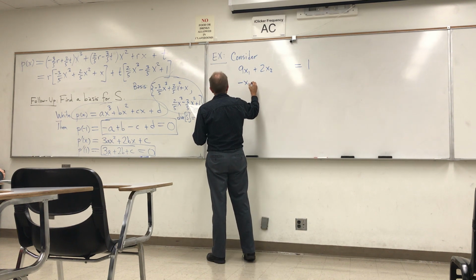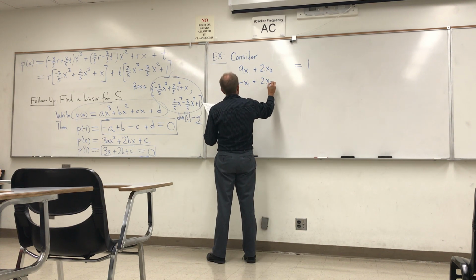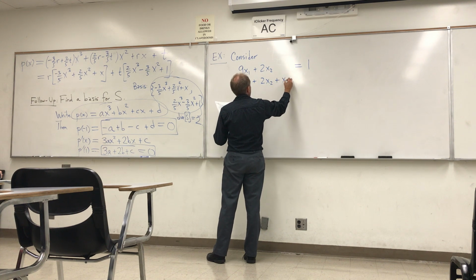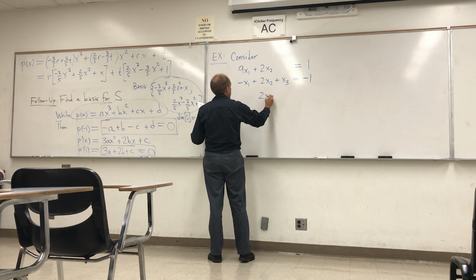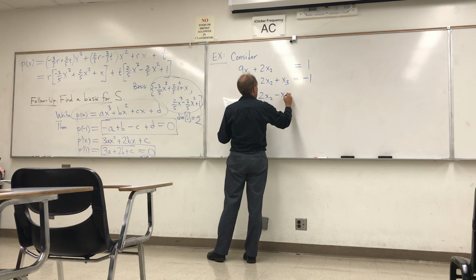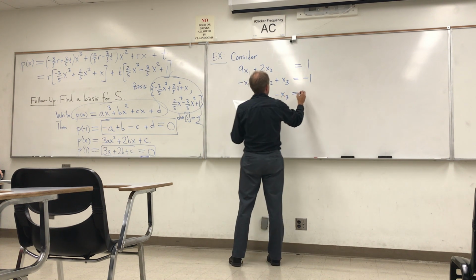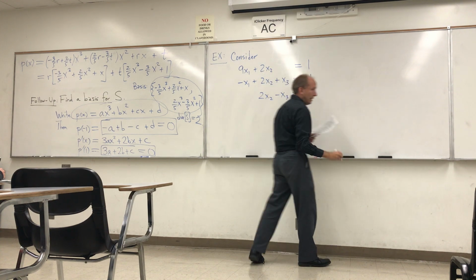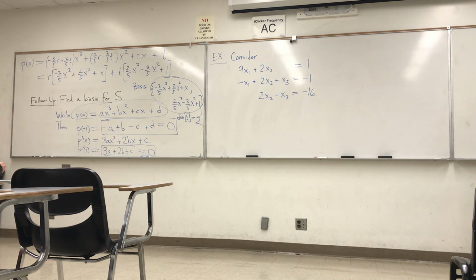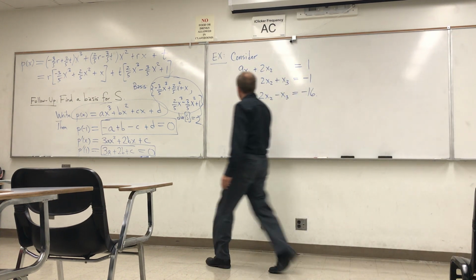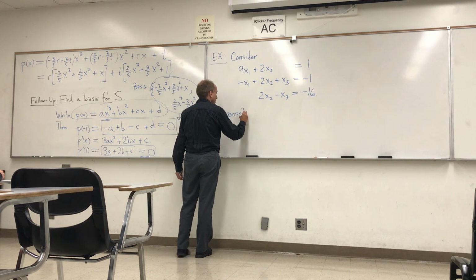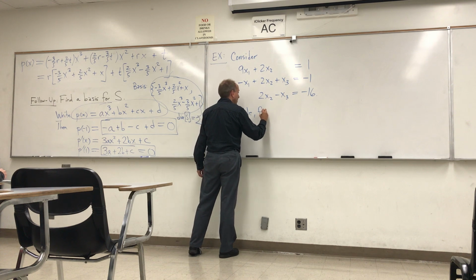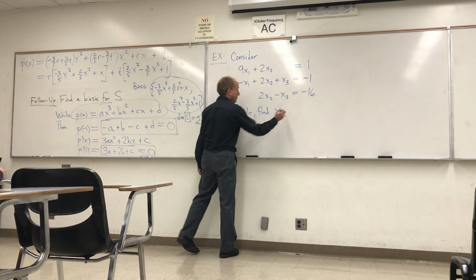Negative x1 plus 2x2 plus x3 equals negative 1. And 2x2 minus x3 equals negative 16. What I want to do is, if possible, find x2.